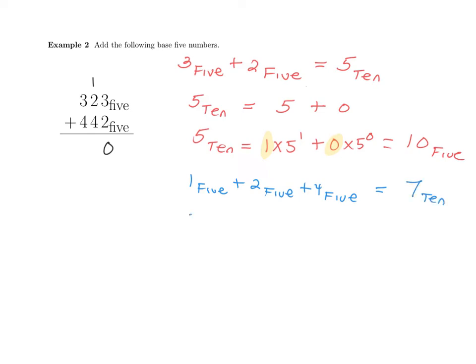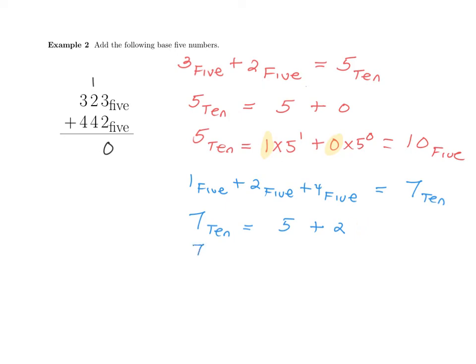I now want to take 7 base 10 and convert that back to base 5. So to split up 7 by using a base of 5, I think the simplest way to do that is to use 5 and 2. So really this is the 5 to the first place, and it has a digit 1 in front of it. And here's the ones place, and I can put a 5 to the 0 after it.